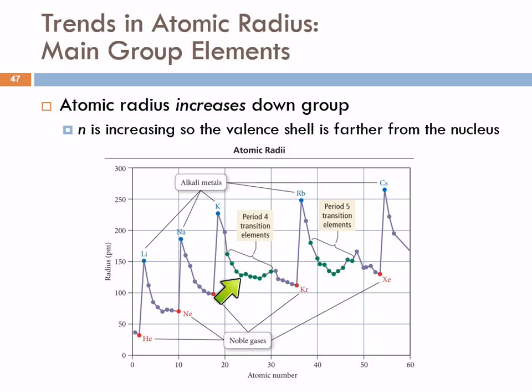And there's a trend here, but it's not real definite, and the changes are pretty small. Here's the main group going from potassium to krypton. There's big changes going on here. The transition metals, not so much. They're much harder to predict.